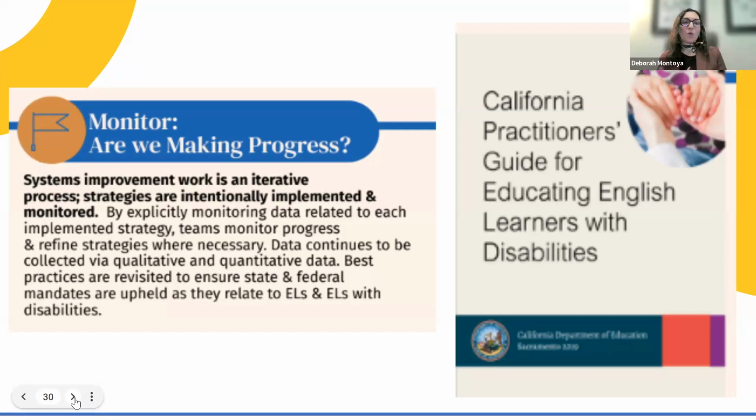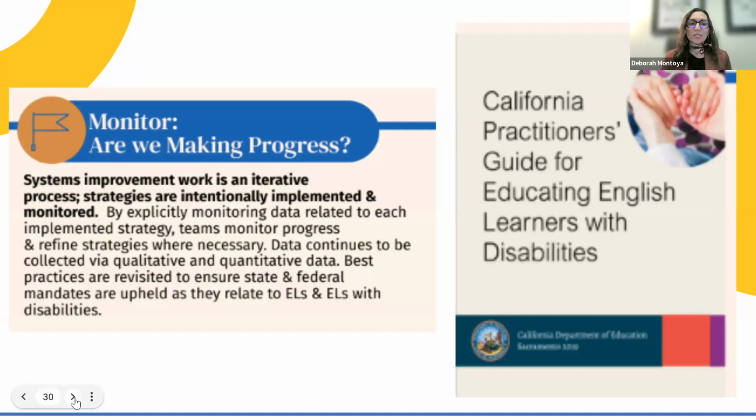So, your entry point and how do we know when we're making progress differs. It truly differs. Your goals are going to be unique based on the data that you've gathered. This particular infographic, what I hope, will be a resource to you to have those questions available to you, to know which resources you can utilize as supportive tools through the root cause analysis process and the development of your goals, as well as implementation.